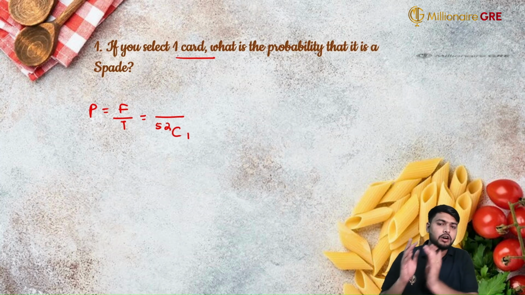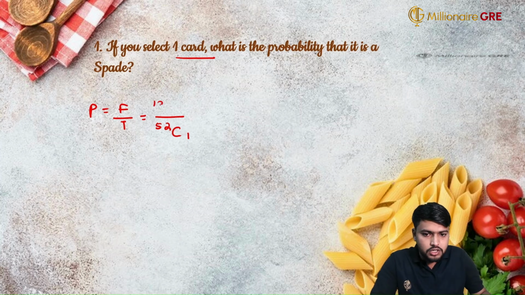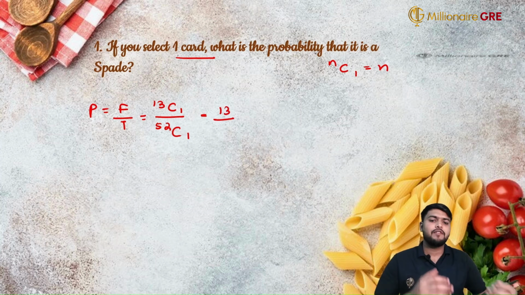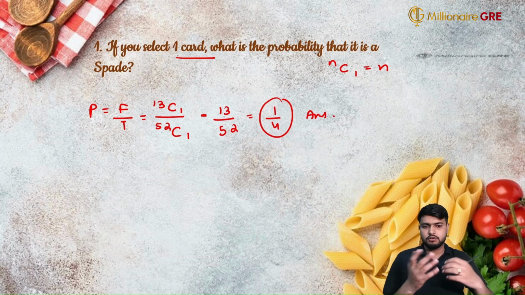One spade out of 13 spades can be chosen in 13C1 ways. Now NC1 is the same as N. So 13C1 can be written as 13, and 52C1 is the same as 52. So you finally end up at 1/4 or 0.25.